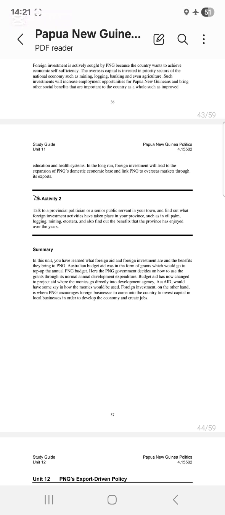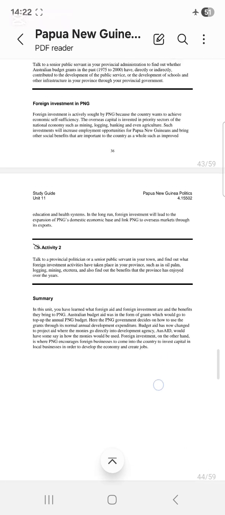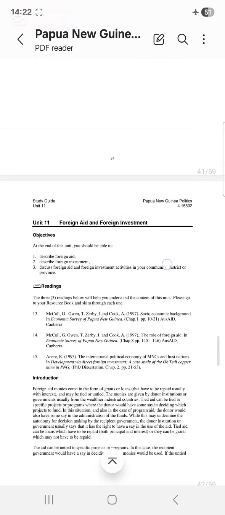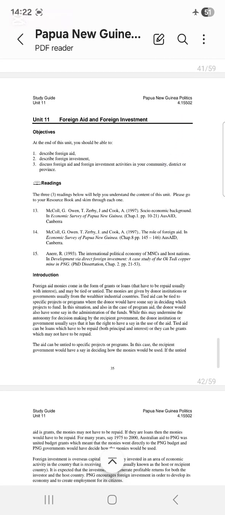So the third objective is for you to critically analyze to understand how foreign aid and foreign investment are different, and what sort of investment, through foreign investment or foreign aid, is optimal or better for Papua New Guinea. All right? So that sort of concludes the lecture rundown for Unit 11.